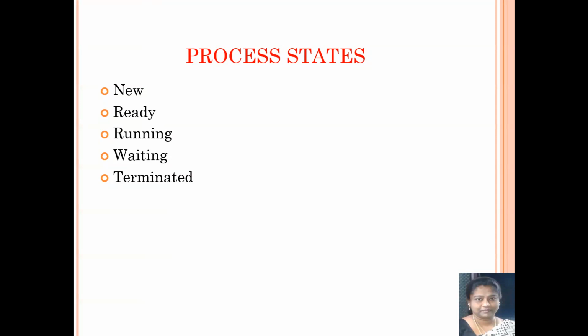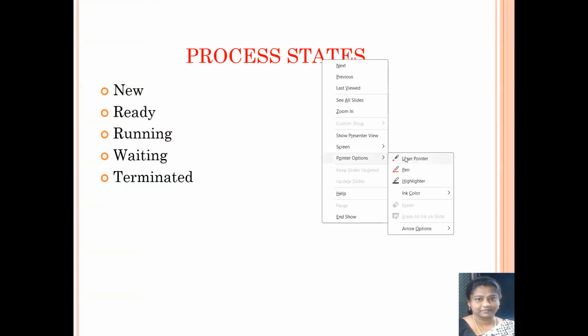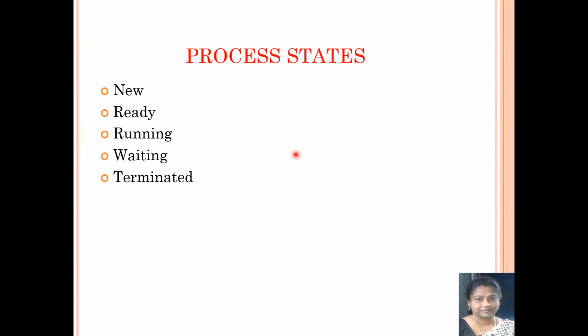Hence, a process during its entire lifetime will exist in 5 different states: new, ready, running, waiting, and terminated. 1 is new, 2 ready, 3 running, 4 waiting, and 5 terminated.